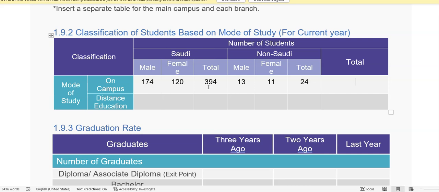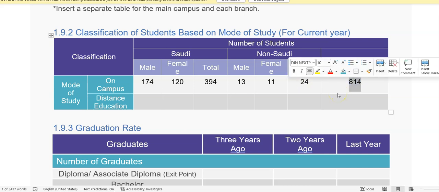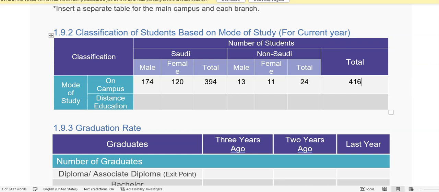If we sum, it will be 8 and 1 and 4. So 400, if we take 6, 416. That's right, 400. If I take 6 from here, we will have 118.